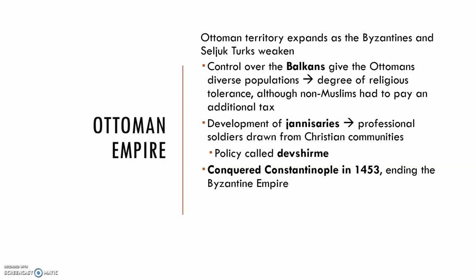However, there is one really interesting policy that the Ottomans involved themselves in, and that is the use of janissaries. So you'll remember I said that the Ottoman Empire, as one of the Gunpowder Empires, was marked by having a professional military, and that is true. What the Ottomans did was they wanted a military that was based on skill and competence and nothing else.